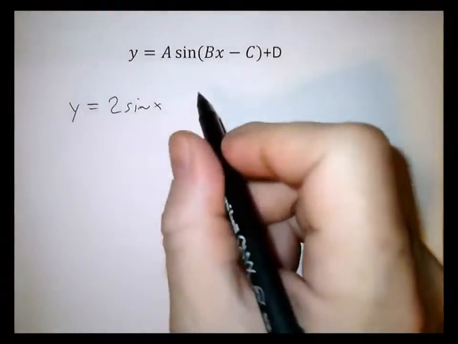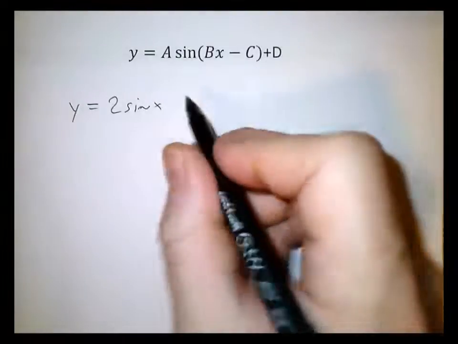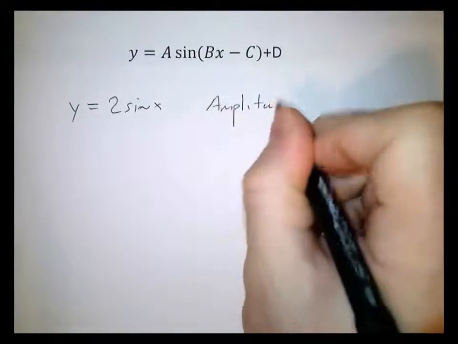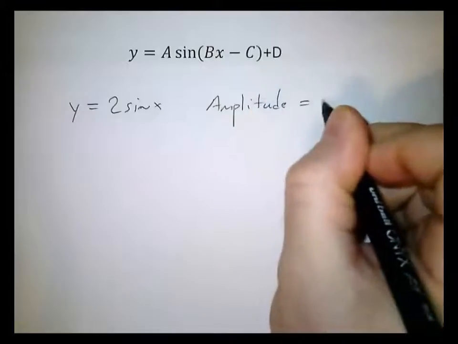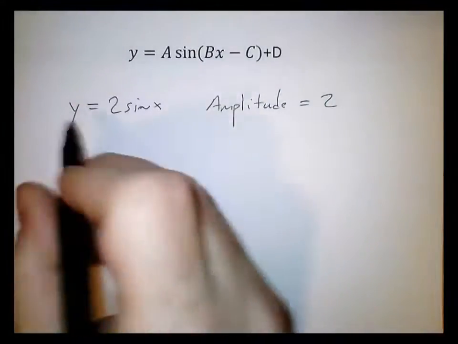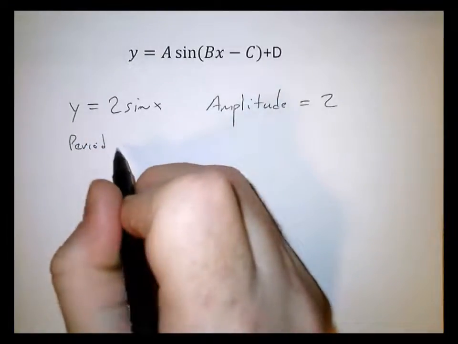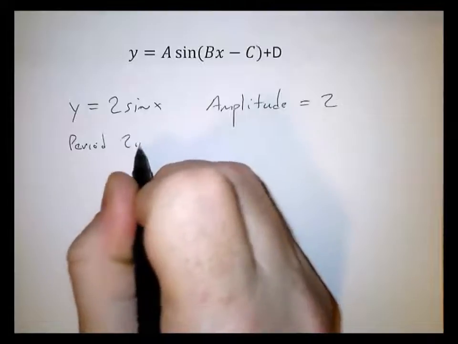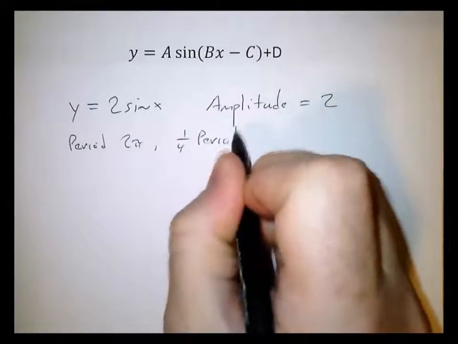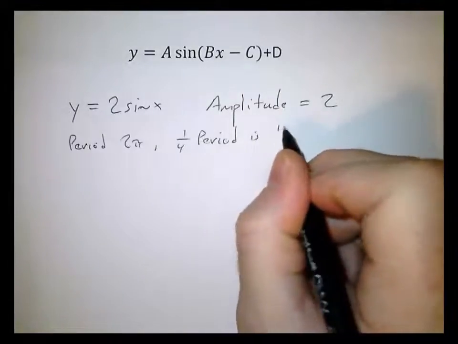And in general, the coefficient for the sine here, this a here, is called the amplitude. So my amplitude here is 2. The period is still 2 pi. 1/4 of the period is pi over 2.